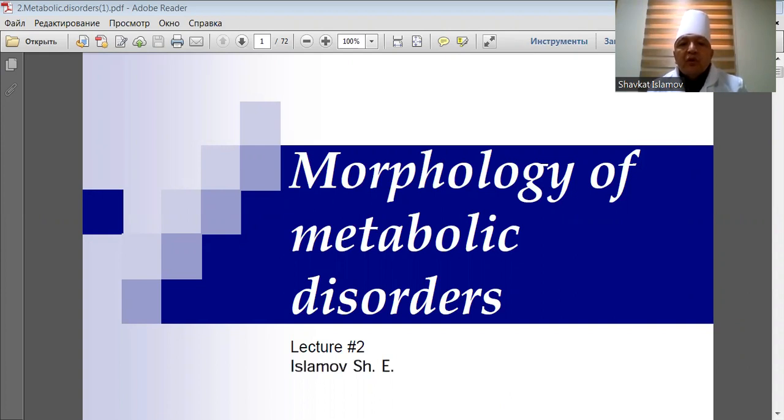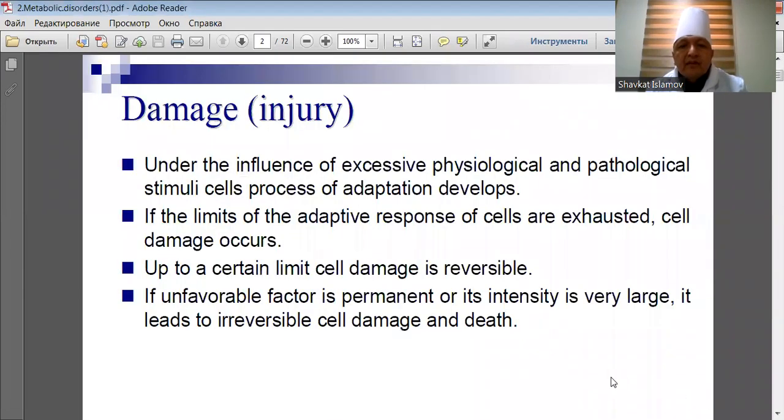Today's topic: morphology of metabolic disorders. Under the influence of damage, injury, or exercise physiological stimulus, a process of cell adaptation develops.